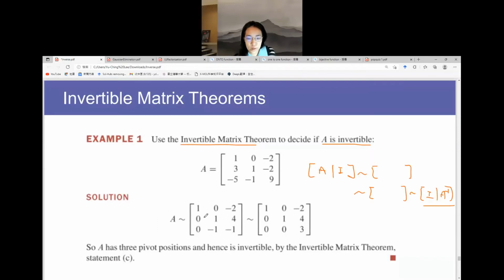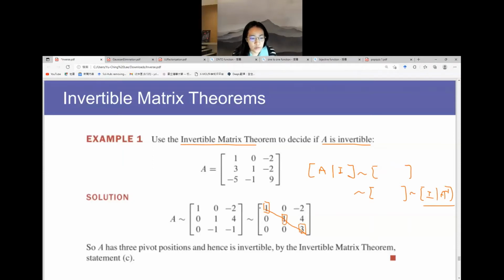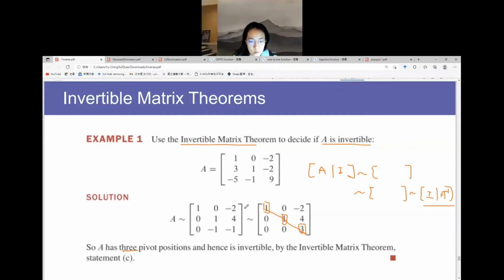For example, we can try to reduce it into an echelon form. This is an echelon form, and I use a square to represent the pivot positions. There are 3 pivot positions. Since this is a 3x3 matrix, having 3 pivot positions means that one of the items holds true.